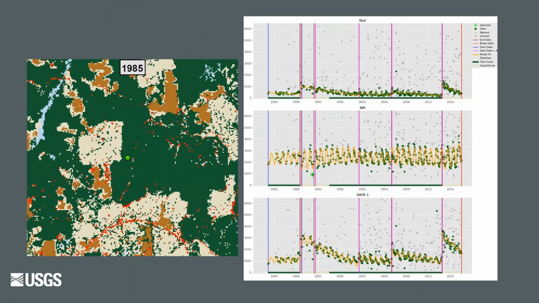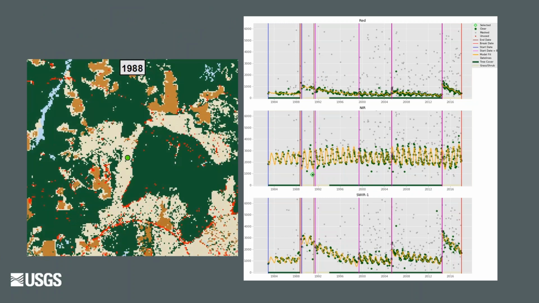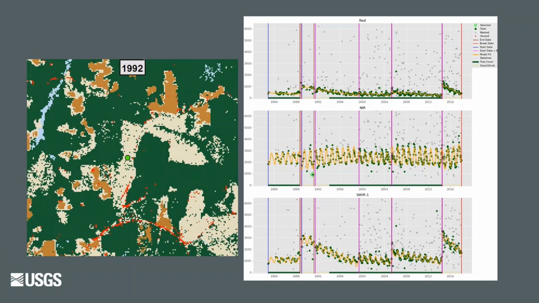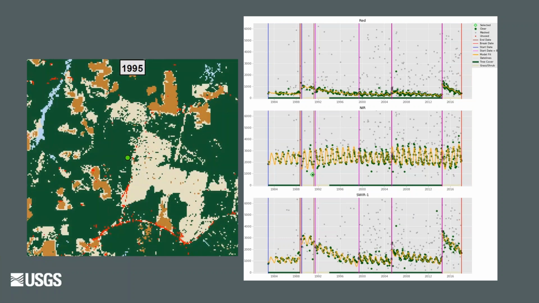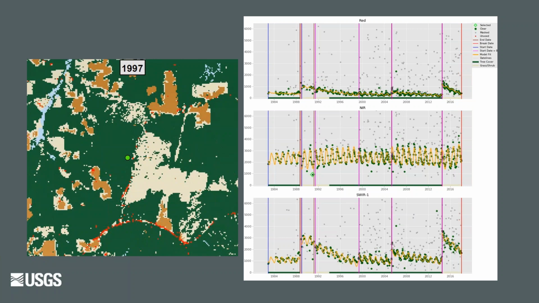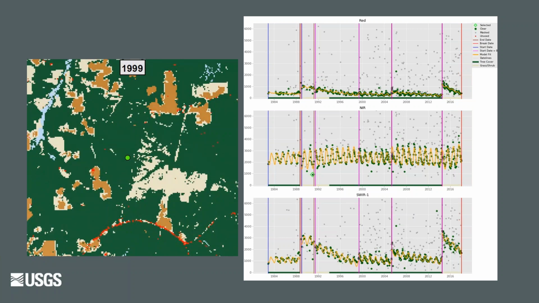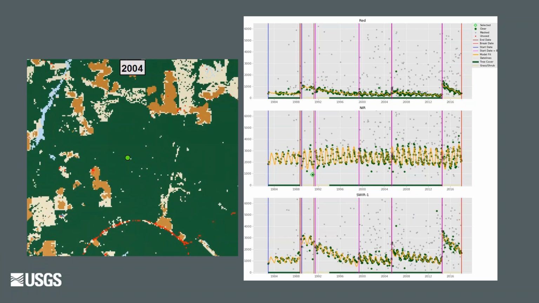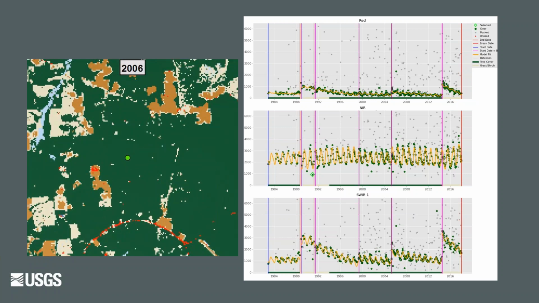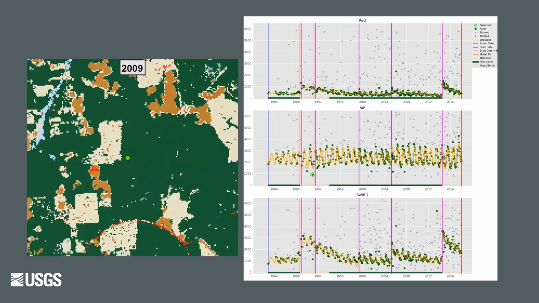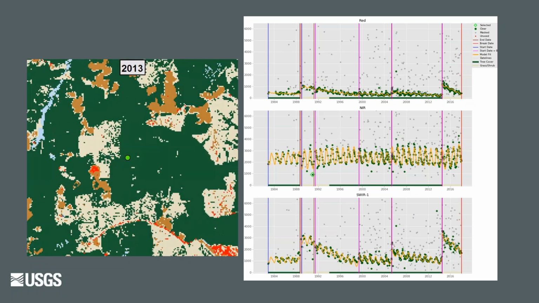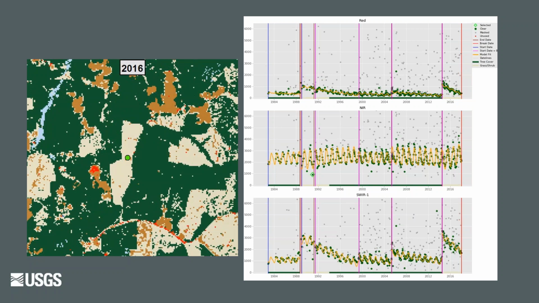So let's see if I can do another animation here. All right, so this is an animation of our prototype data in the lower Mississippi floodplain, where there's a lot of coniferous forest plantations, like pine plantations, that are planted and then harvested in these large blocks at different times.